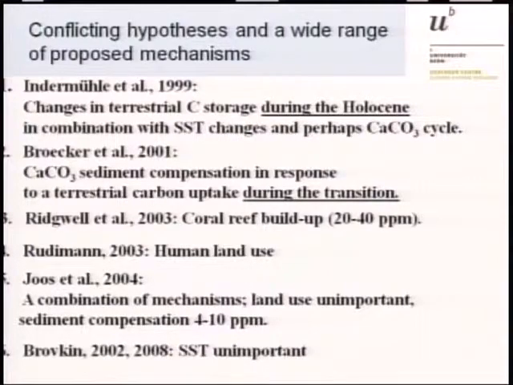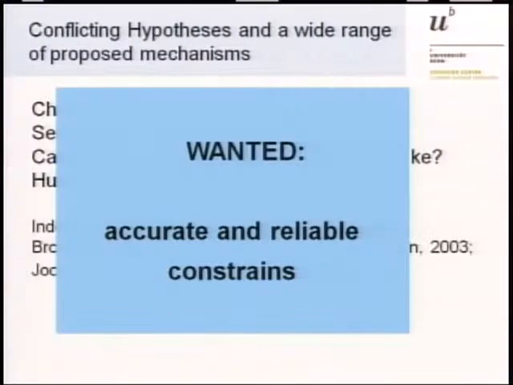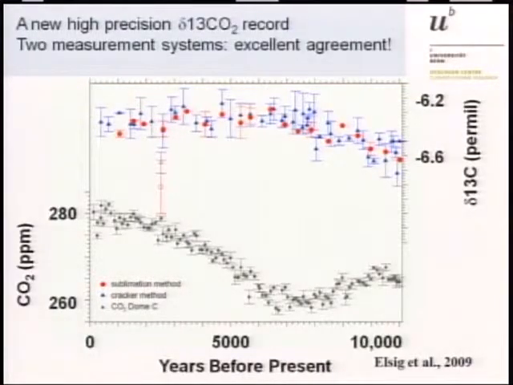But still, there are many different hypotheses on the table, and so what we want here is actually an accurate and also reliable constraint to pin that down a bit better. And it's good that this constraint has become available in the form of a new high precision delta C13 record.